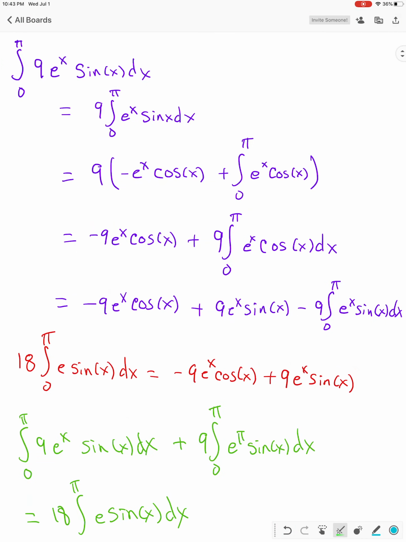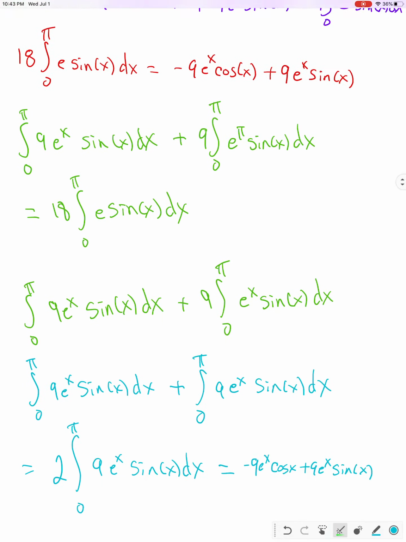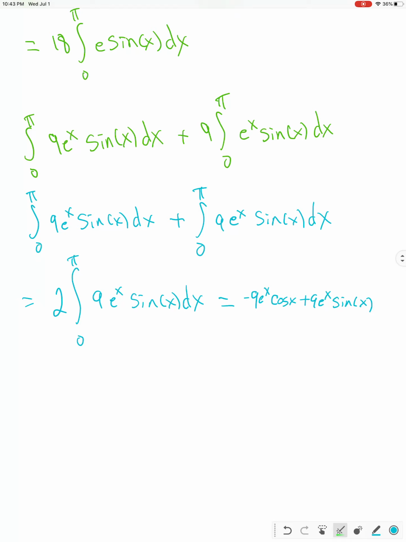We're trying to solve this. So they're not exactly the same, right? So what do I have to do? I have to divide both sides by 2. So I get the integral from 0 to pi of 9 e to the x sine of x dx is equal to, and then a half times whatever was on the right-hand side.